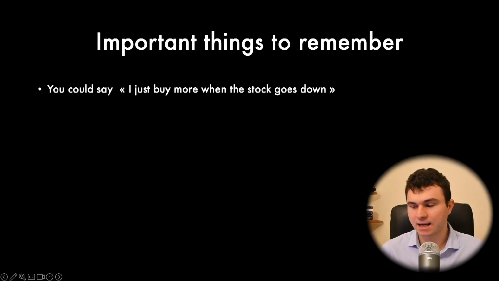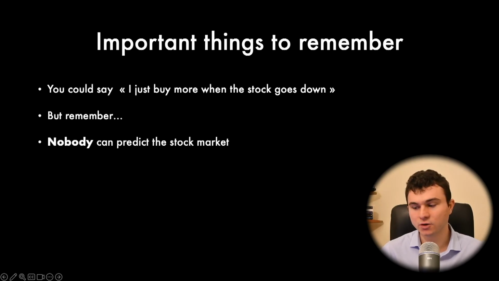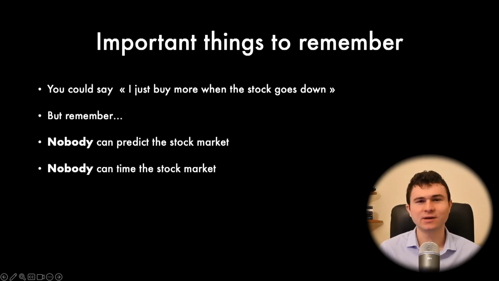And you could say, I'll just buy more when the stock goes down. But remember, nobody can predict the stock market and nobody can time the stock market. It means that you can say, okay, I'm a shareholder of Netflix, the price goes down by 50%, I just buy more at this time, and then it can only go up because it happens many times in the future, etc. Well, for this 2022 crash, for example, the stock got cut in half and then continued its downward pressure down to 75%.